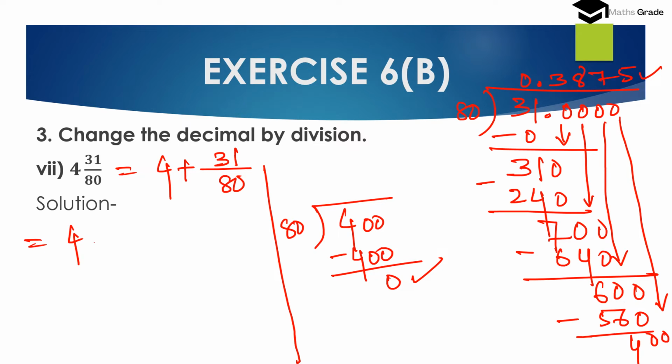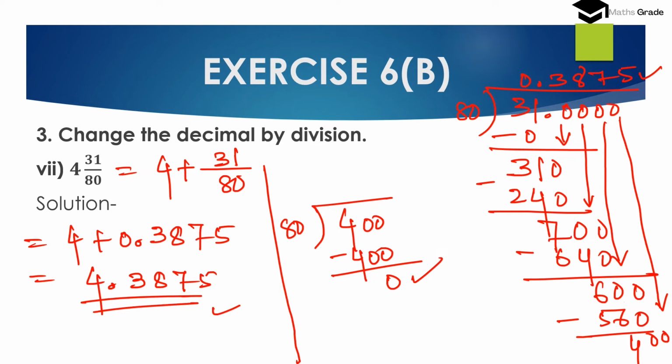Now 4 plus 31 divided by 80 is 0.3875. Now 4 plus 0.3875 is 4.3875. And 4.3875 is the decimal form of the fraction 4 31 divided by 80.